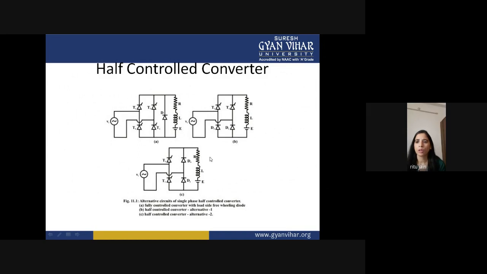This is called a half controlled converter, using two SCRs and two diodes. But in a full controlled converter, you can see that we are using four SCRs, T1, T2, T3, and T4. In the next slide, we will discuss the working principle of these controlled converters.